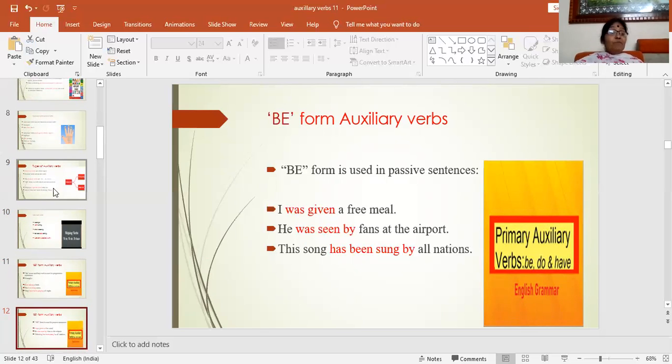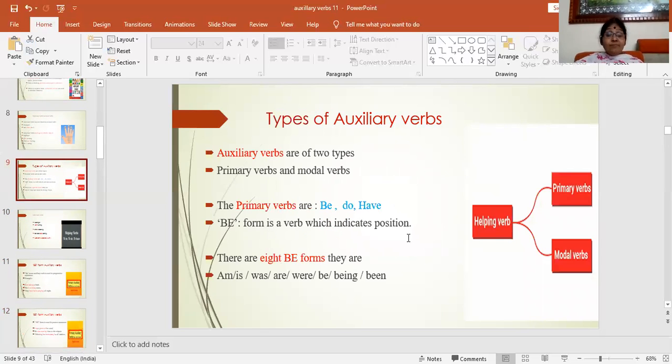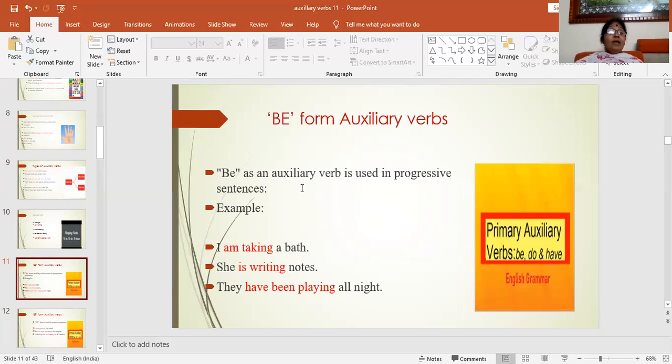So be form has 8 forms, that is am, is, was, are, were, be, being, been, right? And be form as an auxiliary verb is used in progressive sentences like I am taking a bath, she is writing notes, they have been playing all night.